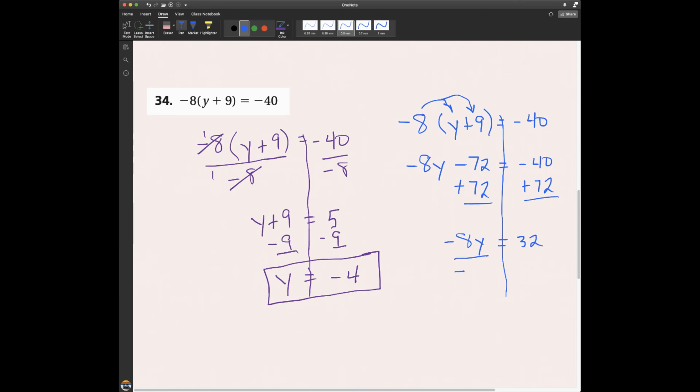Divide both sides by negative 8 to cancel on this side and get y all by itself. y equals 32, positive 32 divided by negative 8 is negative 4. So we get the same answer. So there's a couple ways you can solve equations like this where you think that you might have to use the distributive property.